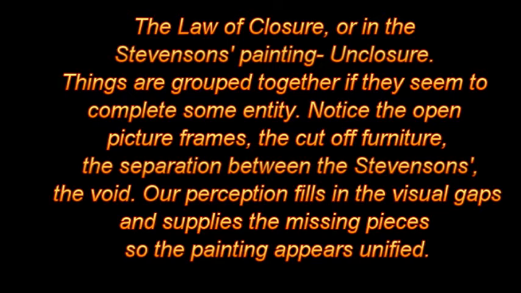The law of closure, or in the Stevensons' painting, unclosure. Things are grouped together if they seem to complete some entity. Notice the open picture frames, the cut-off furniture, the separation between the Stevensons, the void. Our perception fills in the visual gaps and supplies the missing pieces so the painting appears unified.